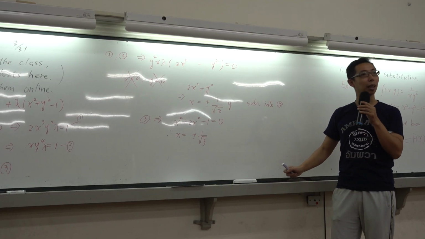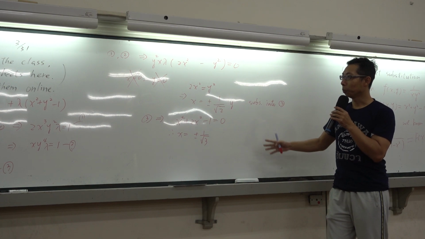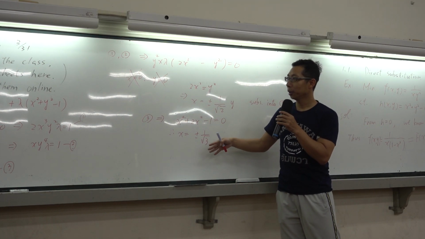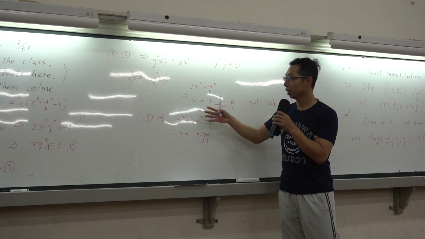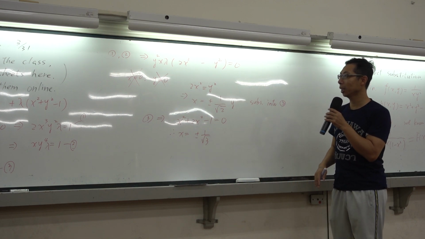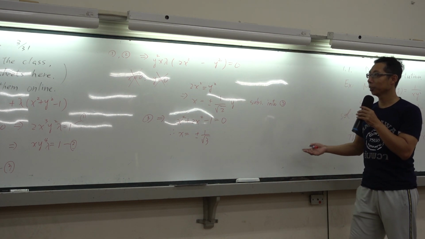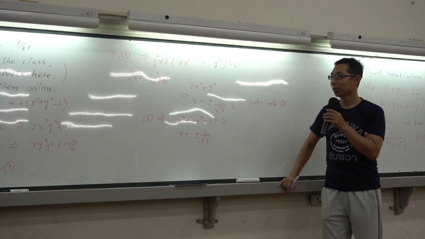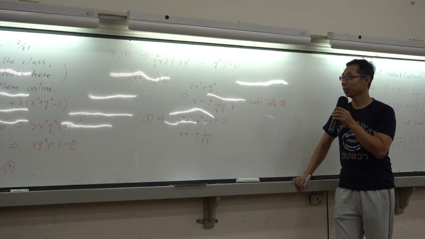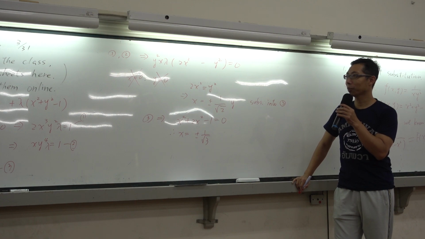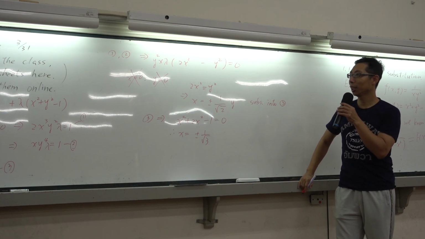Okay. So, any question? Oh, but over here, when we found the point, it's not guaranteed that it is a local minimum or a local maximum. You need to perform some other calculations to guarantee that.